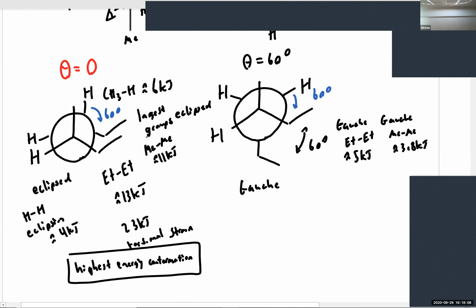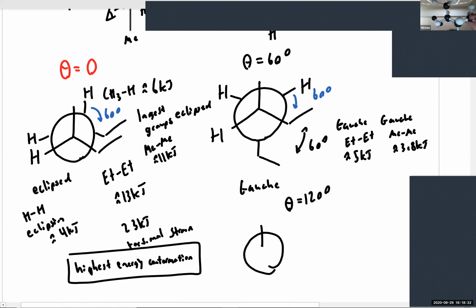So when we rotate our back substituents another 60 degrees, we end up with the following conformation. So our dihedral angle is 120 degrees.